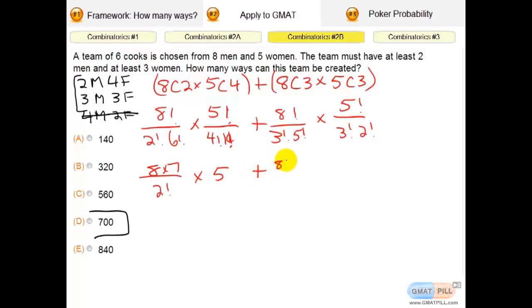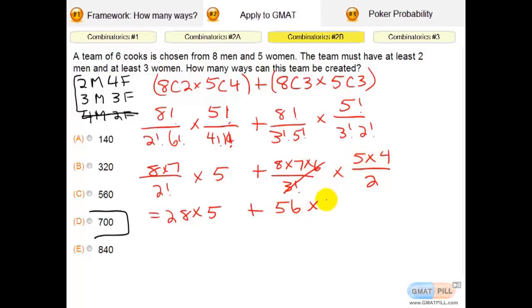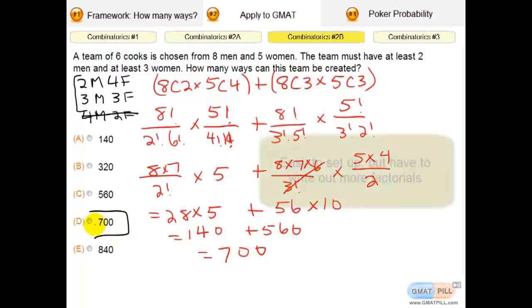This is 8 times 7 times 6, and then this is basically just 3 factorial on the bottom, which is basically 6. This cancels out. You have 5 times 4, the 3 factorial cancels out. This 2 is here. So then you have 28 times 5 plus this 56 times 20 over 2 is 10. So then you get 140 plus 560, and that's equal to 700. So either way, you still get answer choice D for 700.